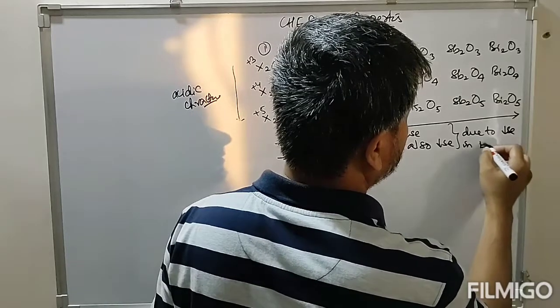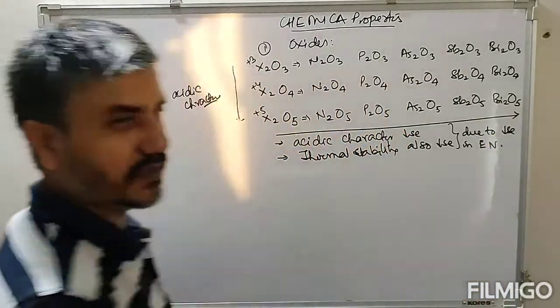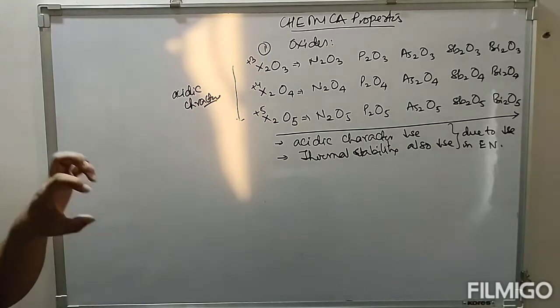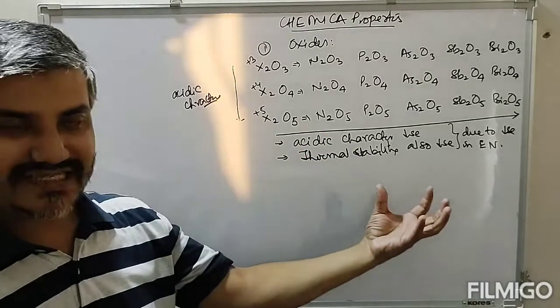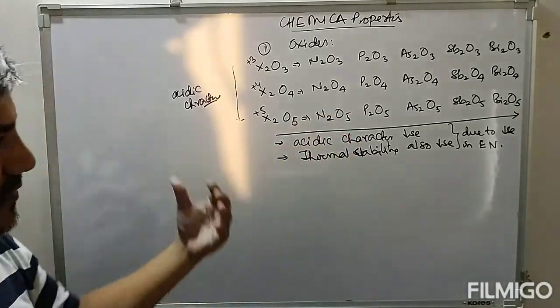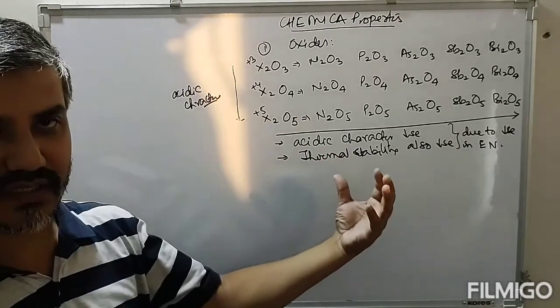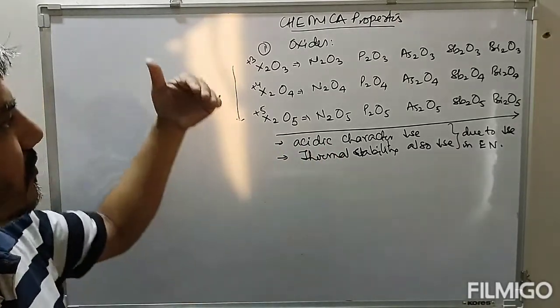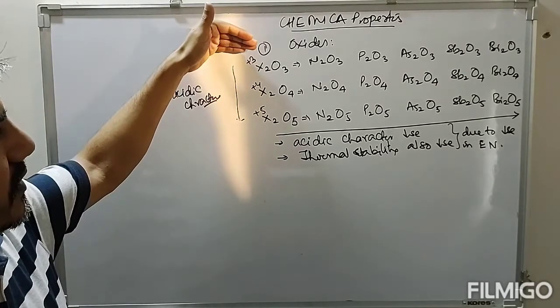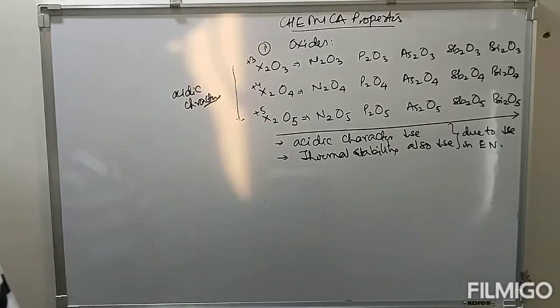So these oxides are acidic, but how they behave, the acidic character, varies in a particular series or from one series to another series.